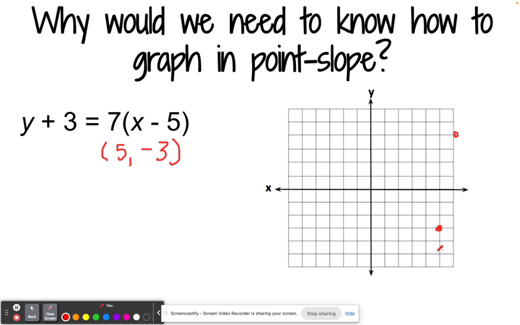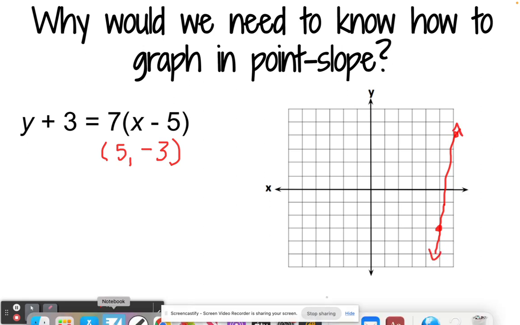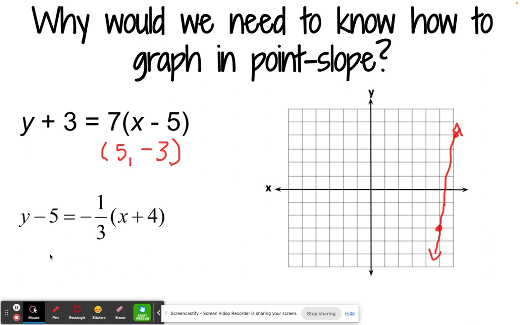So I need those two bits of information in order to graph in point slope form. I need my slope and I need a point. In this one, I would have my point, which is -4, because I have a plus, so that has to be minus a negative, and a +5. And my slope is -1/3.